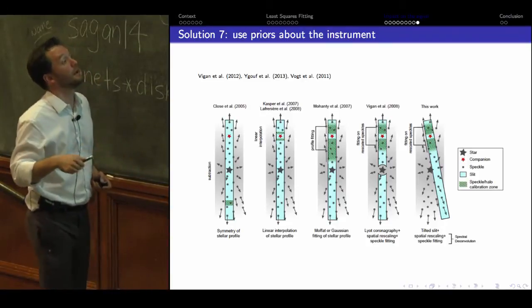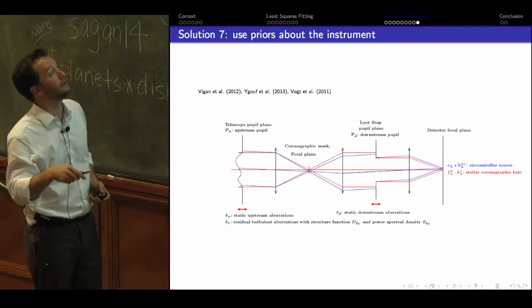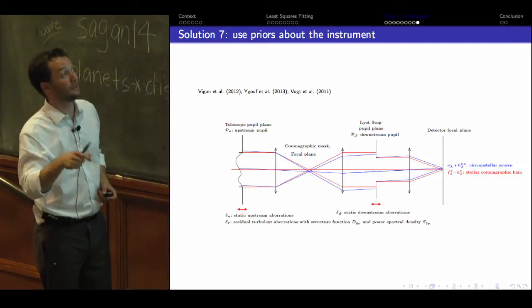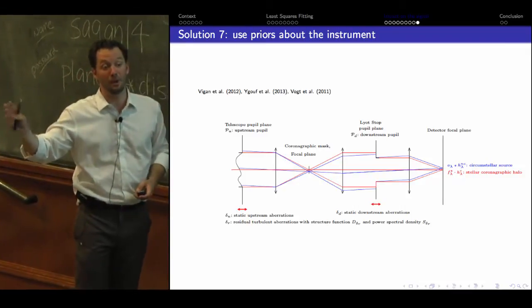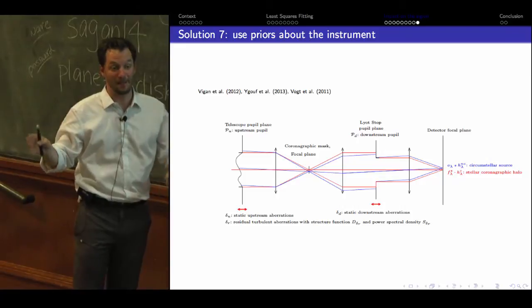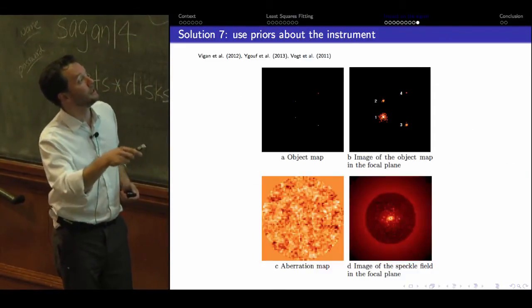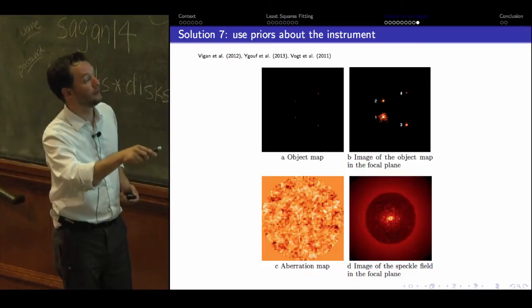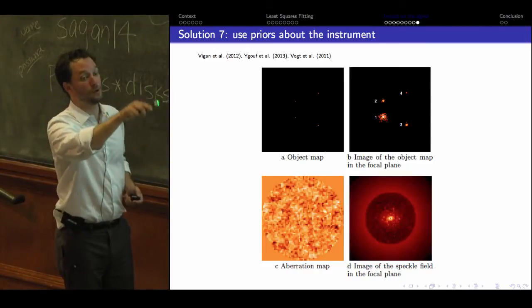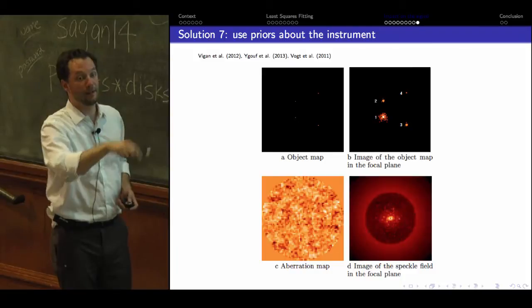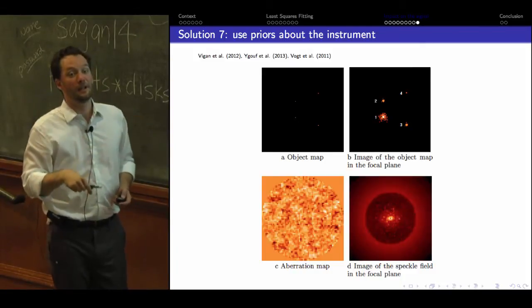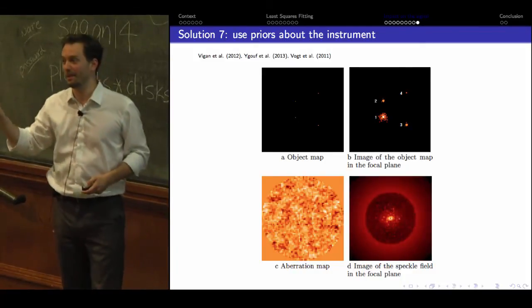Marie Ygouf proposed a method where you really build a model. We're getting to methods where you actually build a model of what your PSF should look like based on what you know of the instrument, where you jointly estimate the wavefront error and whatever your astrophysical scene looks like. And this is still in the least squares sense, I believe.